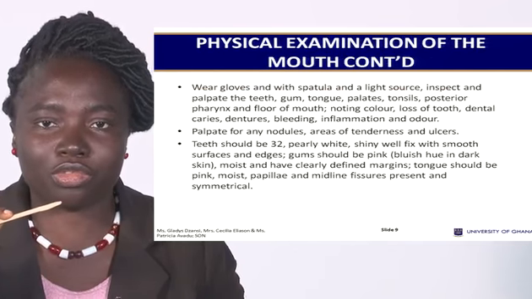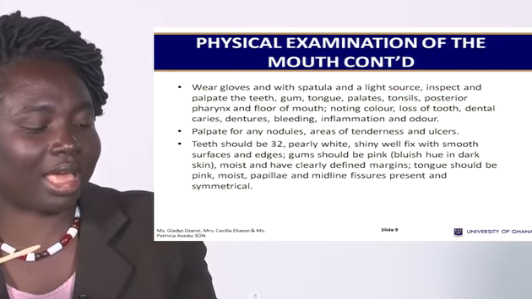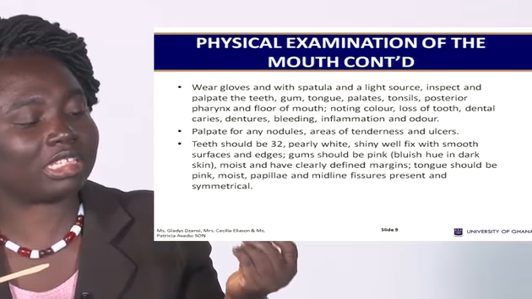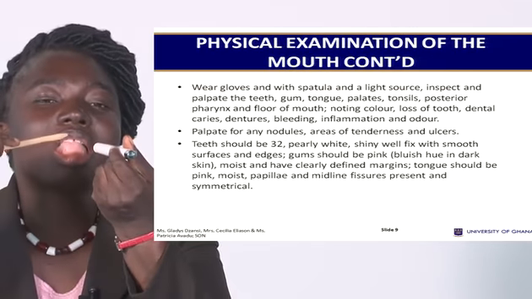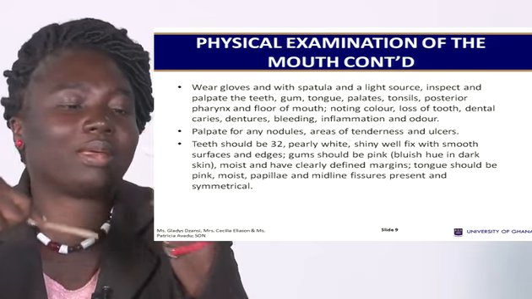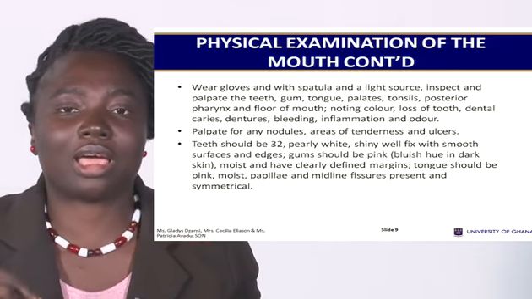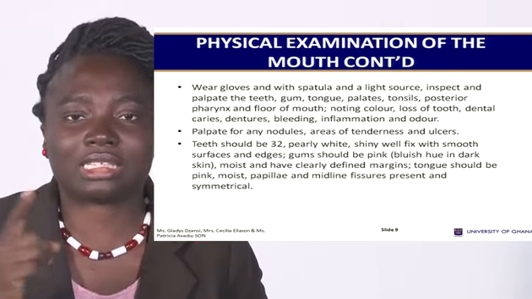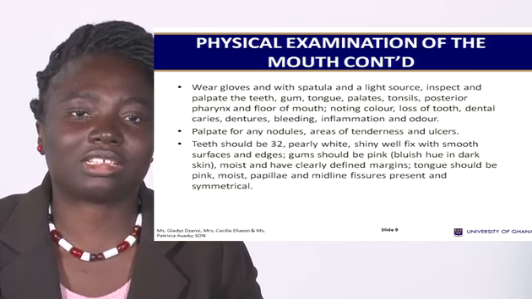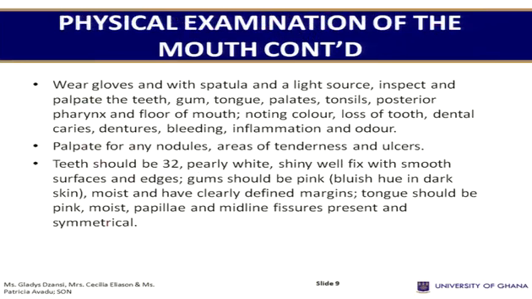Using the light, shine it into the patient's mouth so that you inspect the structures of the mouth, noting the teeth, the gum, the tongue, inspecting the tonsils, and then the posterior pharynx.